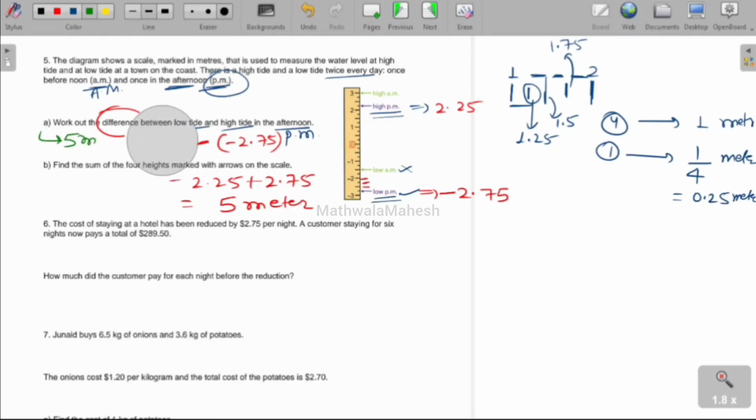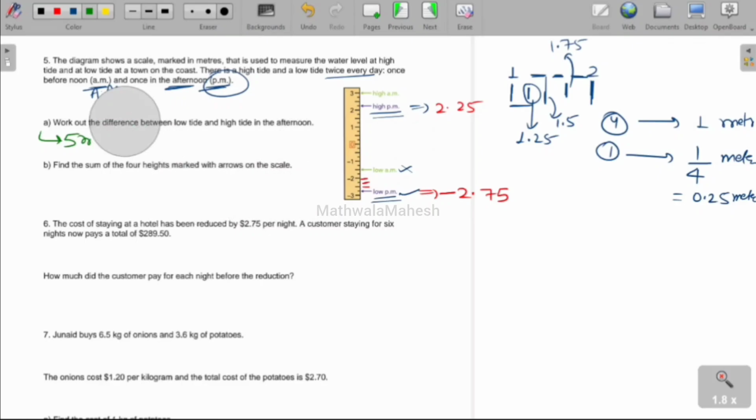Now check the second one. What is the second question? Find the sum of the 4 heights marked with arrows on the scale. Okay, there are 4 arrows, 2 for high and 2 for low. We have to find the sum of the 4 heights.